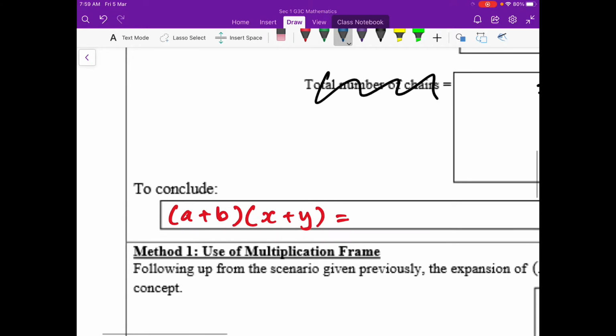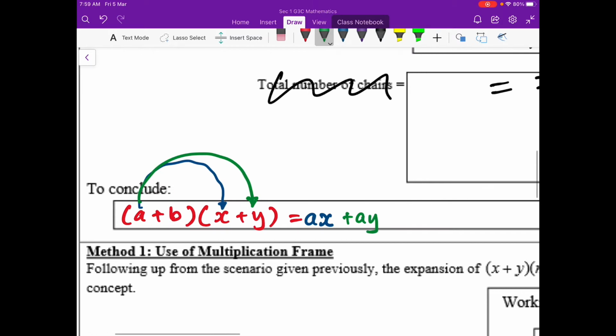It goes like this: A times X, AX. Then take a look at the next one: A times Y, plus AY. Followed by, let's go with another color, B times X, which is plus BX.